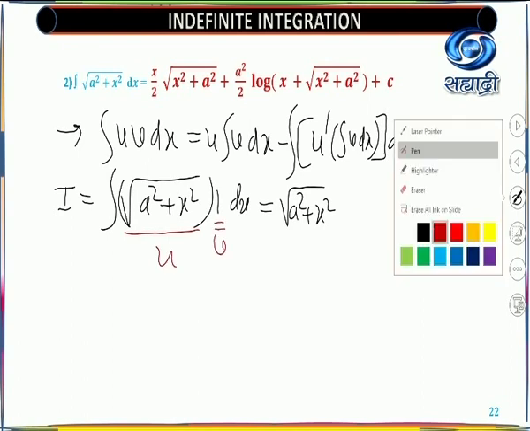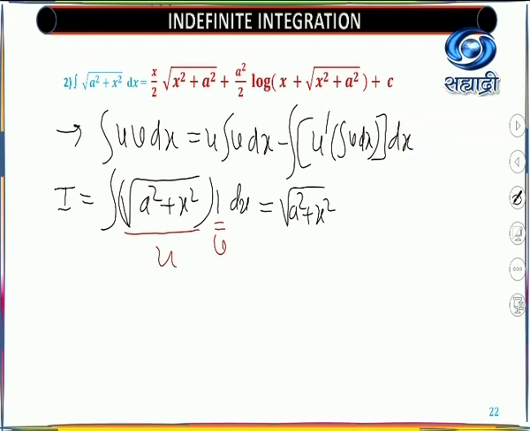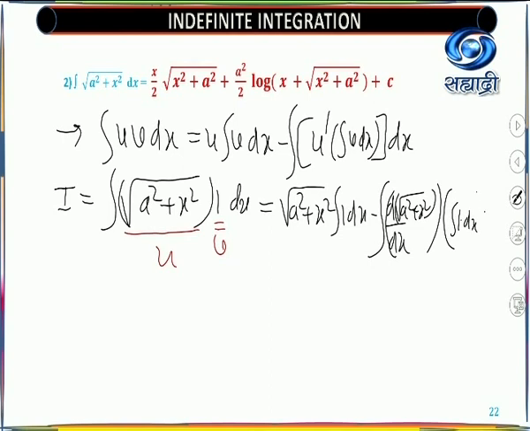By the formula only we are writing: root of a square plus x square, then integration of 1 dx, minus the derivative of root of a square plus x square, whose derivative we are taking. This is a product, so in one bracket, and in another bracket the integration of 1 dx, and the complete product into dx. That means again you need to integrate.